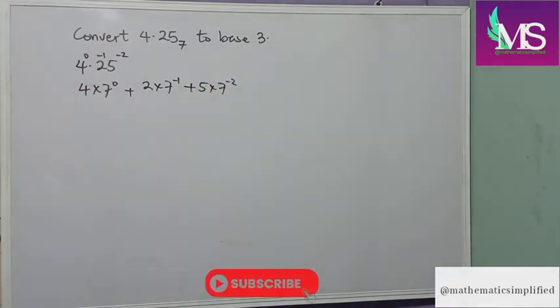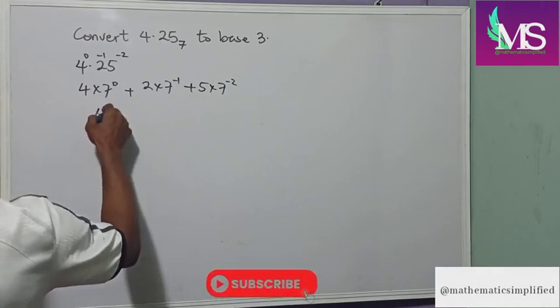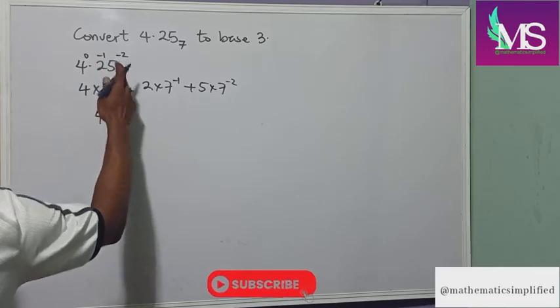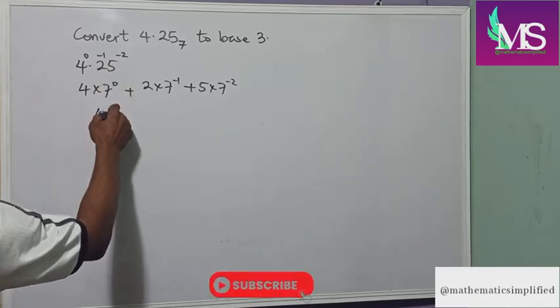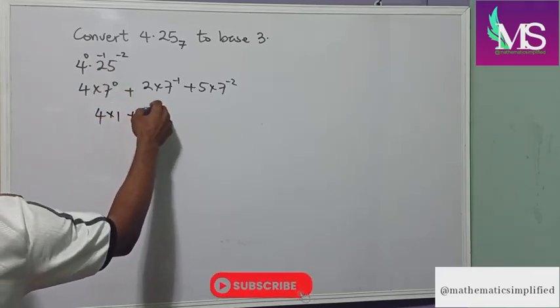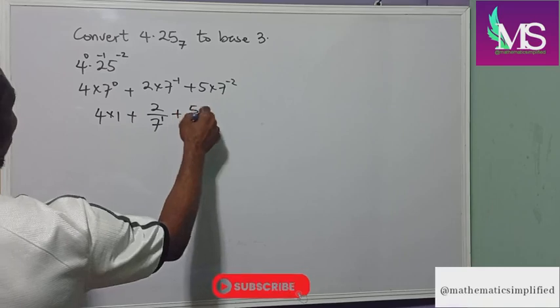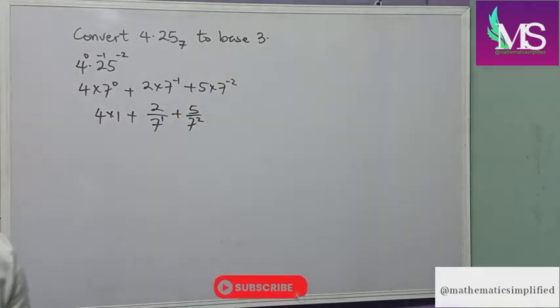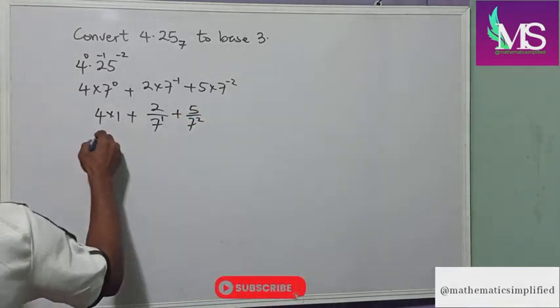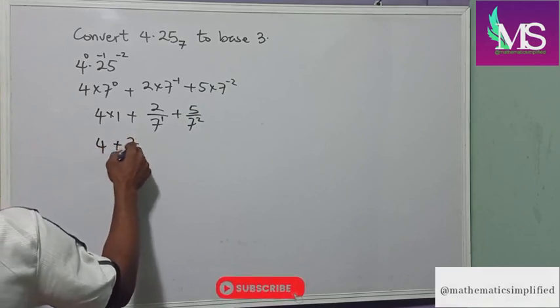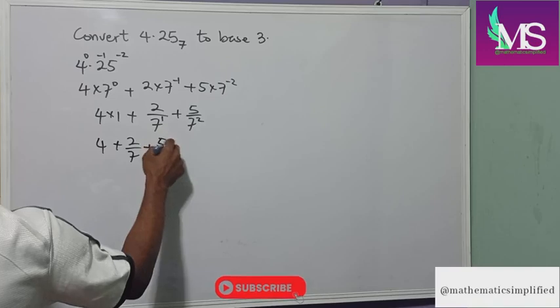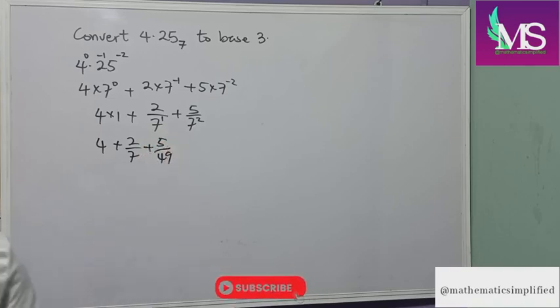Okay, so anything raised to power 0 is 1, so this will be 4 times 1, plus 2 over 7 raised to power 1, plus 5 over 7 raised to power 2. So this will become 4 plus 2 over 7 plus 5 over 49. Now our LCM will be 49.